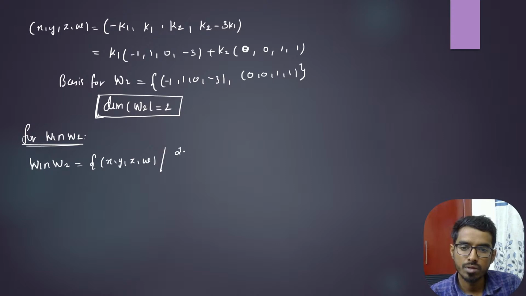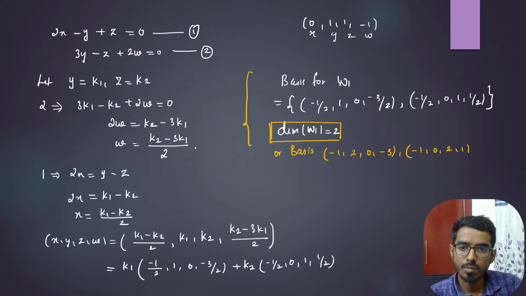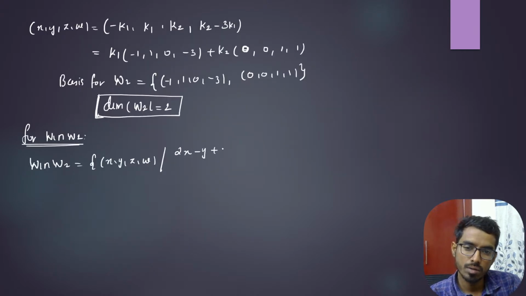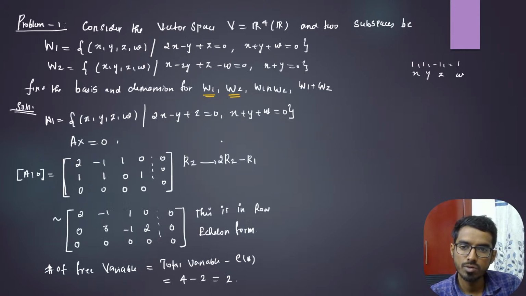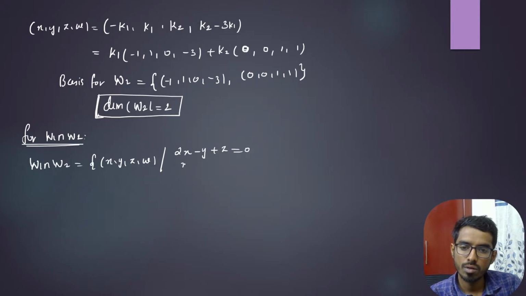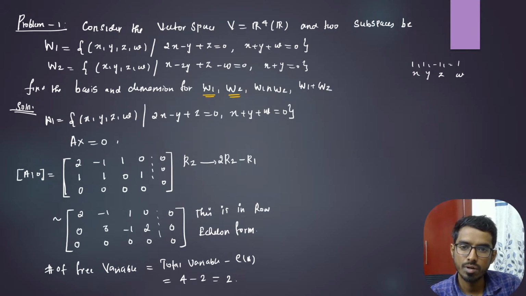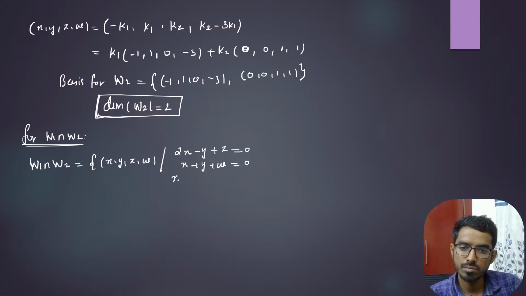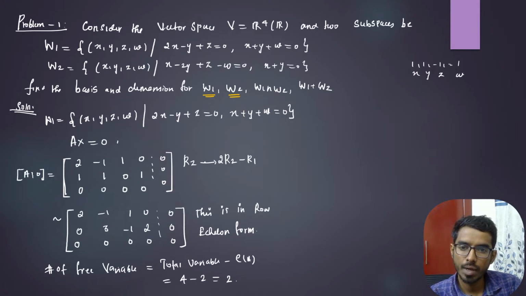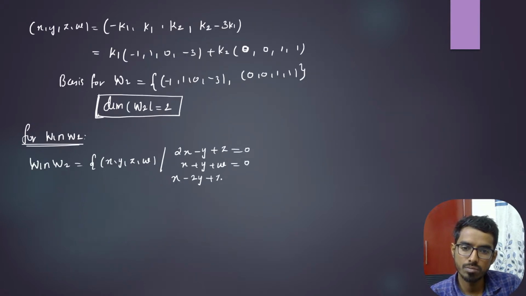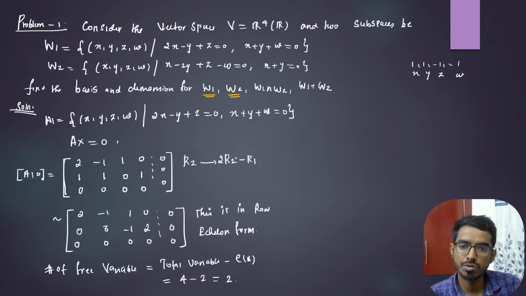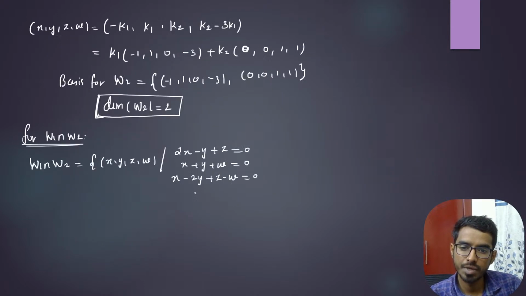Yes or no? 2x minus y plus z equal to 0, x plus y plus w has to be equal to 0, x minus 2y plus z minus w has to be 0, and x plus y has to be equal to 0.